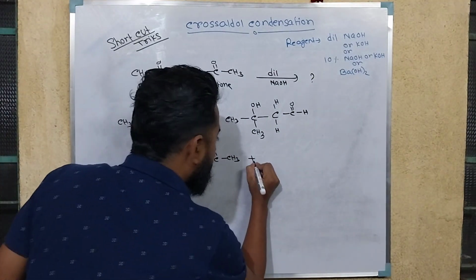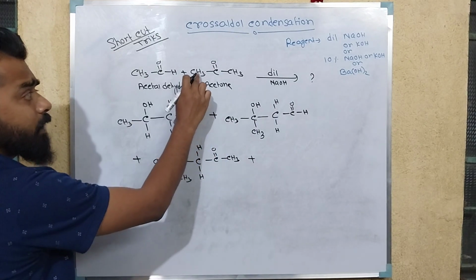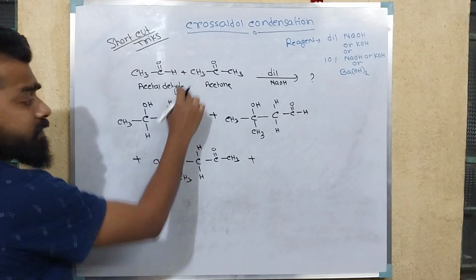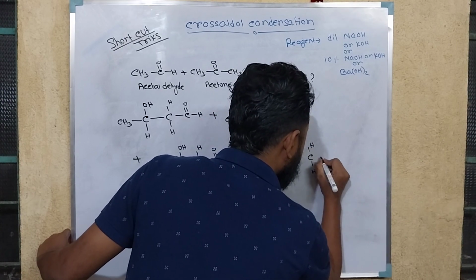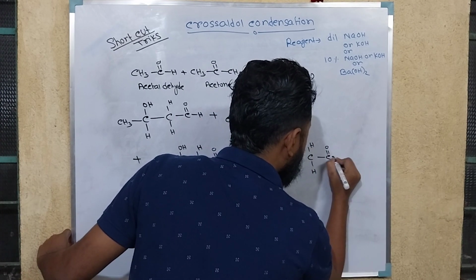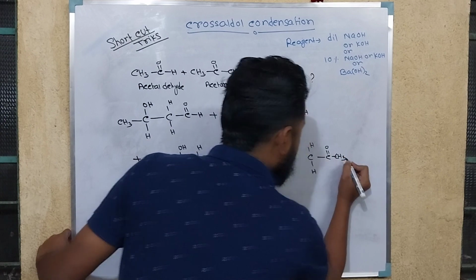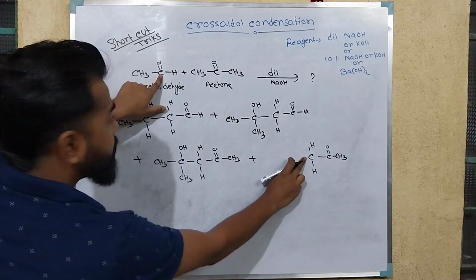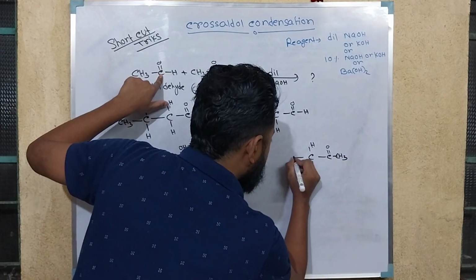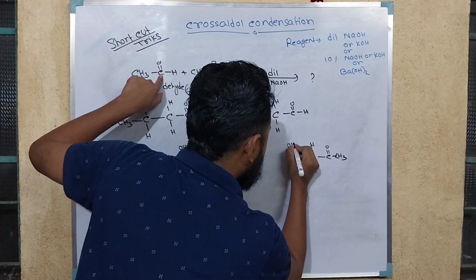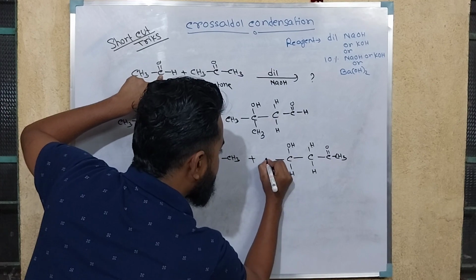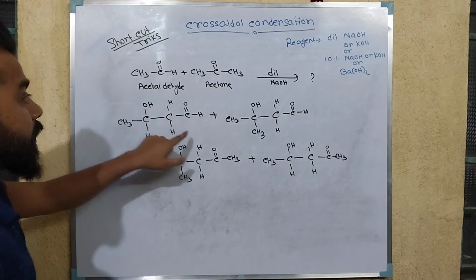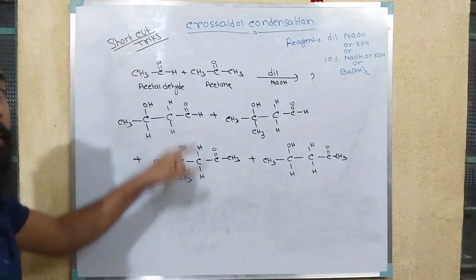Then we write one alpha hydrogen less this ketone. This carbon attached with this carbon. This is OH, one H, one CH3. We get total 4 products. This is the cross aldol products, okay?